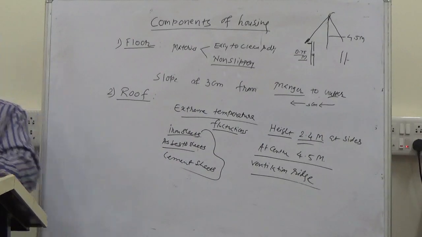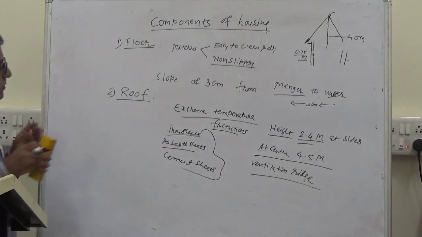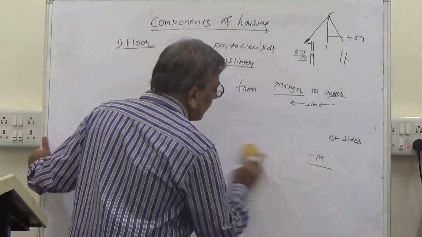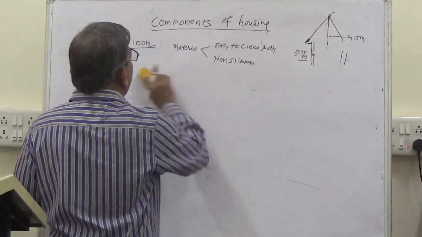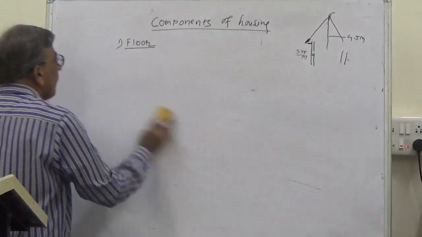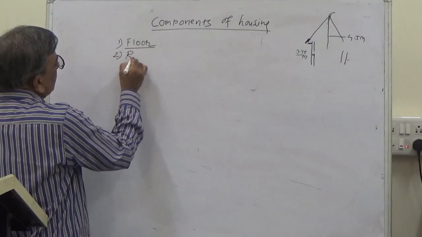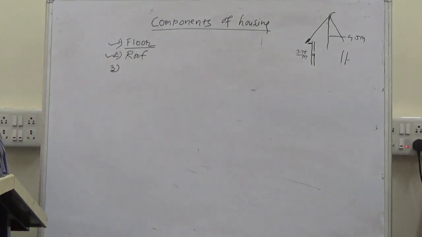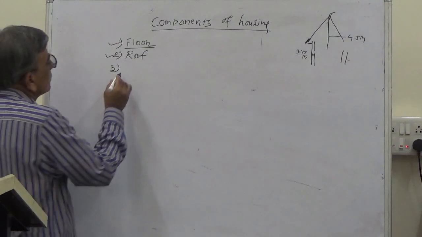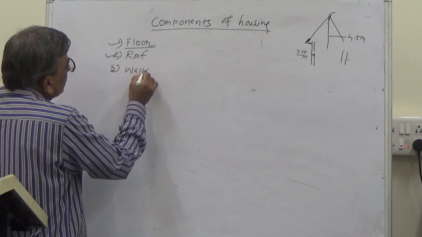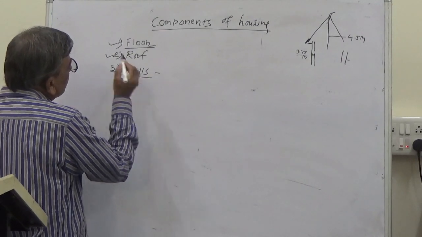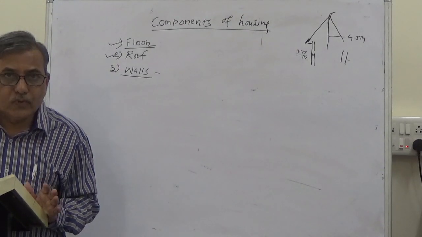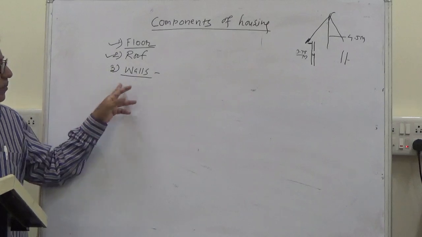Then the third component, walls. The lateral side of the house from all the four sides is covered with the help of walls.